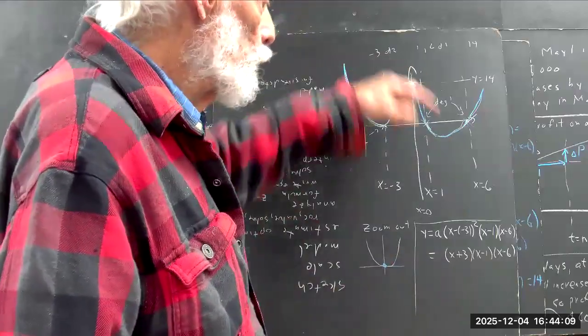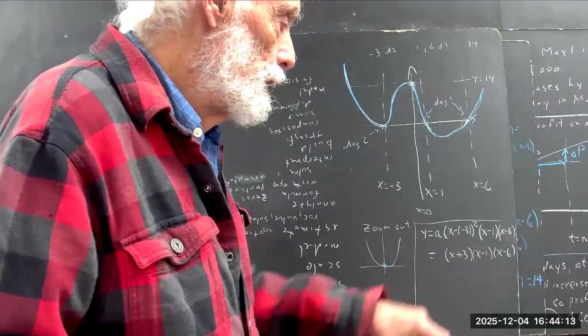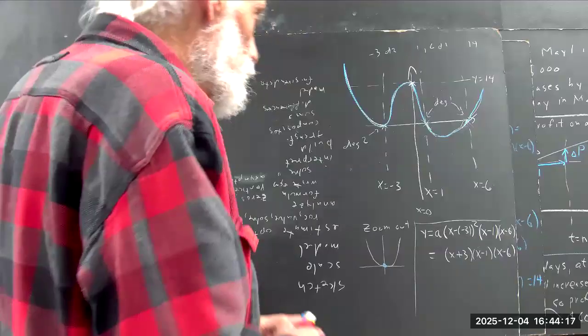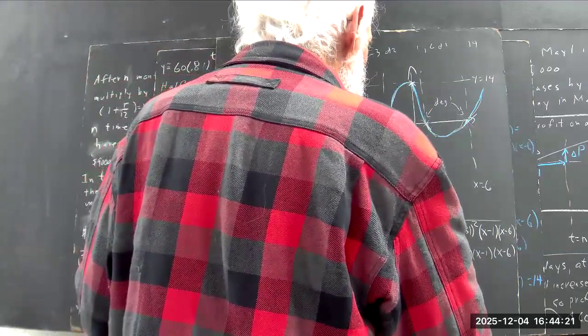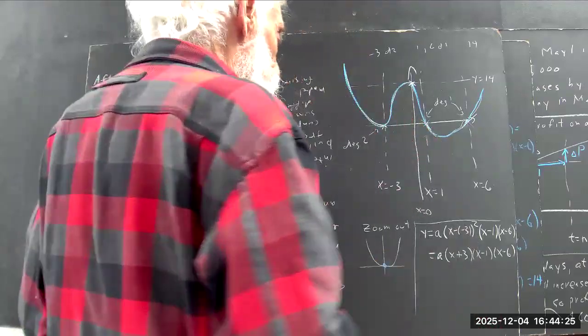We wouldn't have 14. In other words, the y-intercept here, if we don't have some number in front, is going to be 18. To get the y-intercept that we've stated here, we've got to have that number in front.